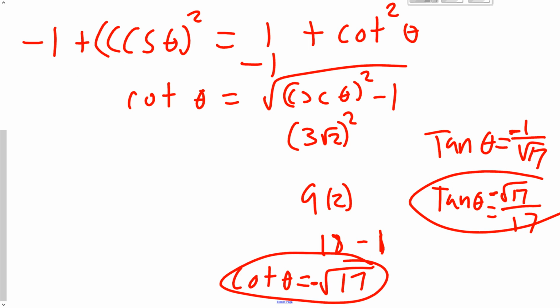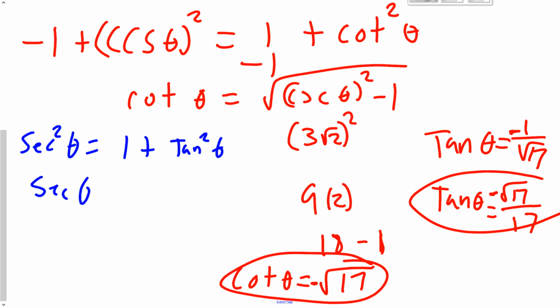Now secant and cosine you can do tons of different things. So secant squared of theta equals 1 plus tangent squared of theta. So I could square this tangent and add 1 to it and then square root it, right? And get secant, and then I could flip it.